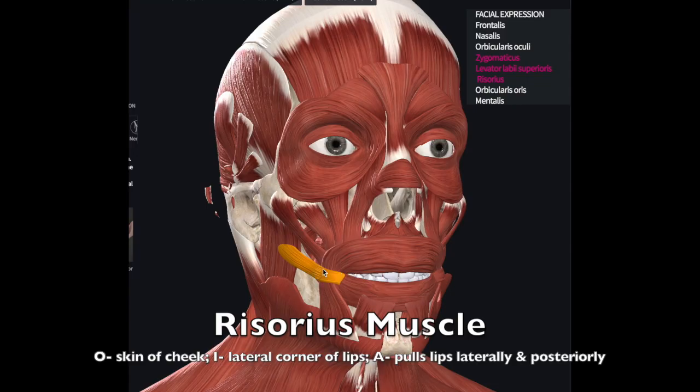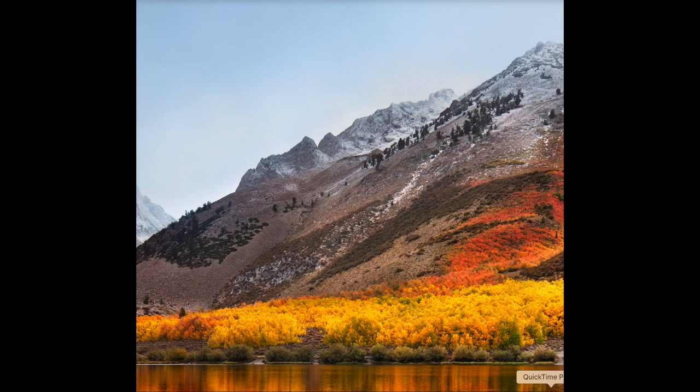And so when this contracts, it'll draw the corners of our mouth toward our cheeks. And in fact, when that happens, it causes sort of like the center of our cheek to sort of buckle inwards, creating that dimpled look to our cheeks when we smile.